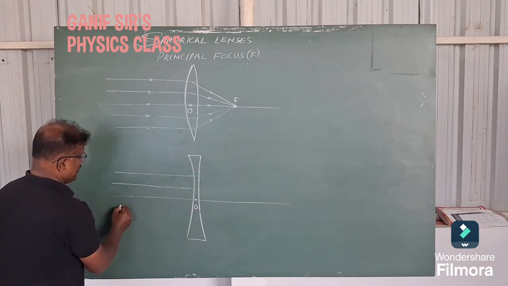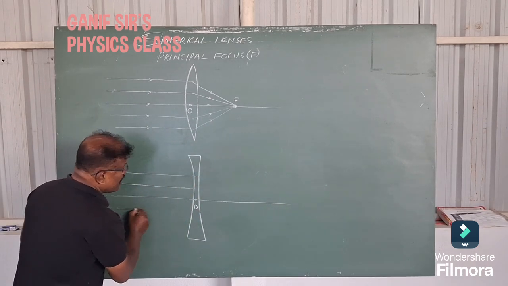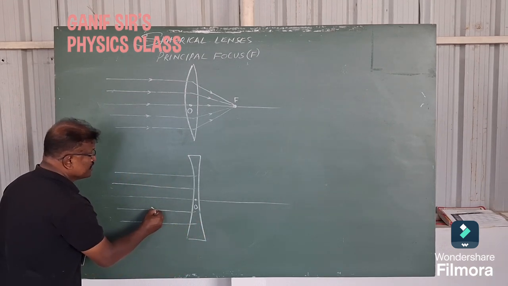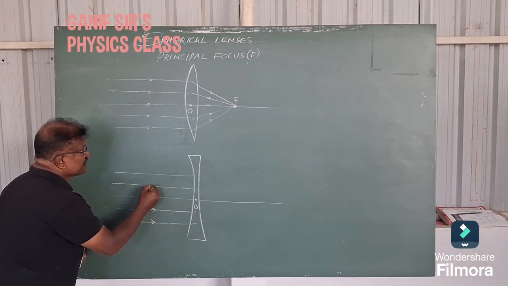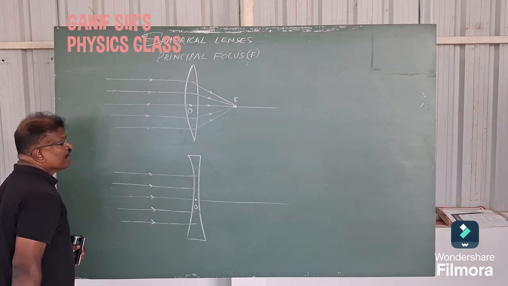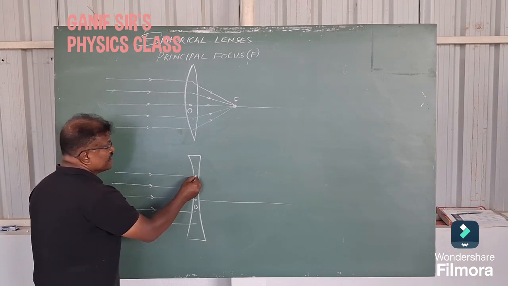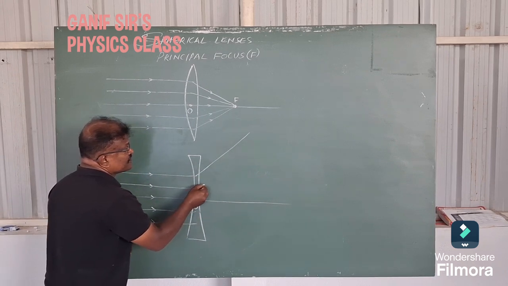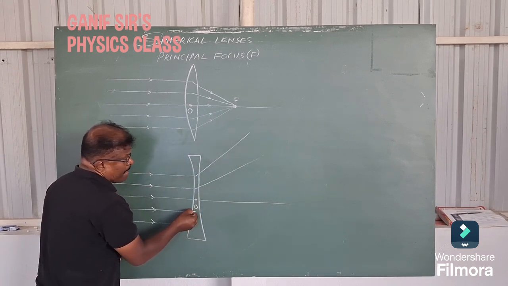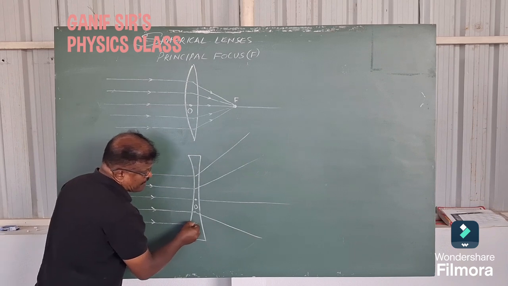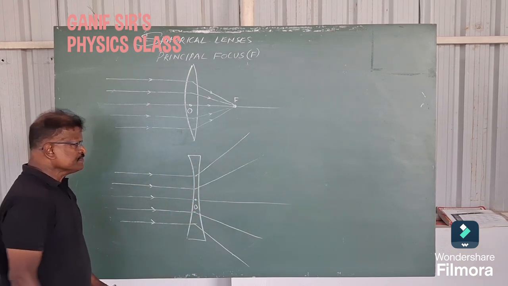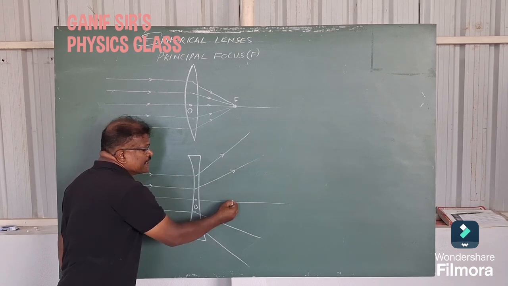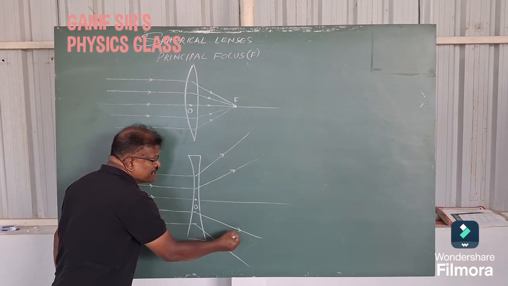See, now I am drawing this so that all the rays are parallel to the principal axis, and after refraction they diverge. But actually they don't meet at a single point on the principal axis.